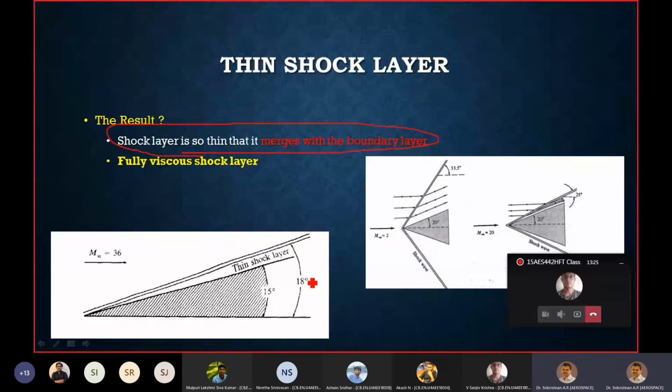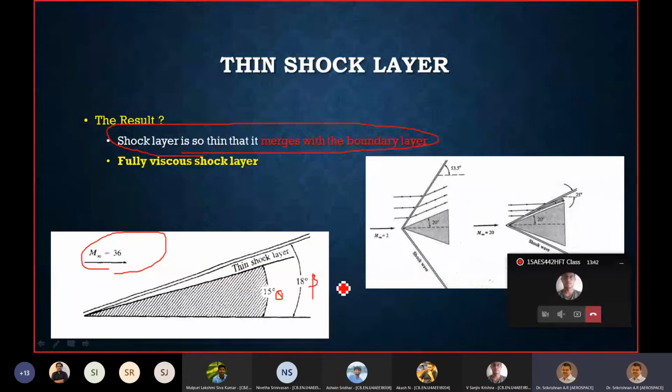For example, for a free stream Mach number of 36, as shown here, the shock angle beta is about 18 degrees when the compression angle theta is 15 degrees.